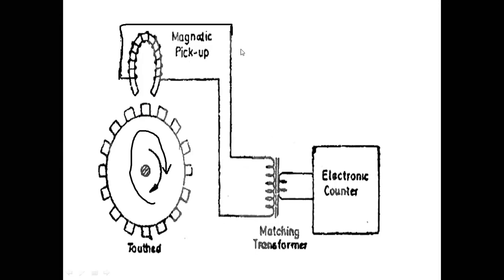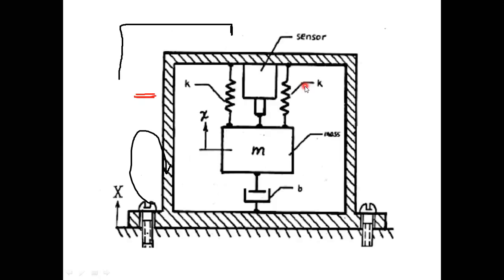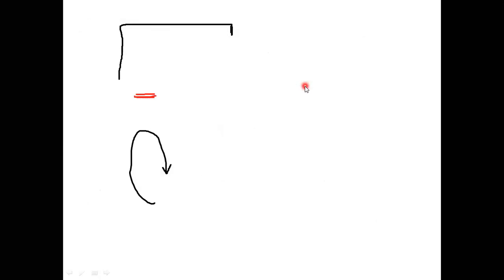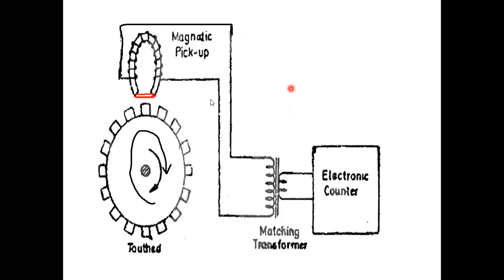There are flux lines emerging from north to south, and these flux lines cut the conductor.